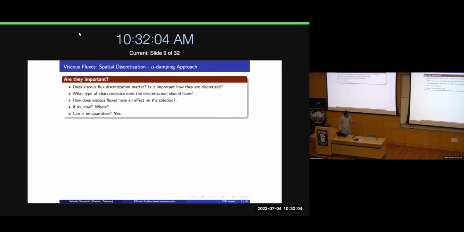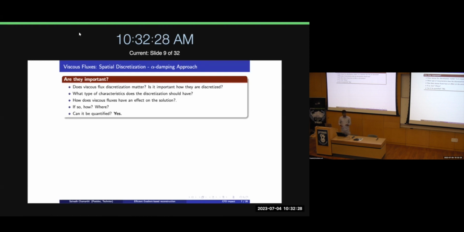So the viscous fluxes, are they important? Does viscous flux discretization matter? If you read any paper in computational fluid dynamics, they say, okay, I'm using a standard second order scheme or a generic sixth order scheme, but they don't usually explain how the scheme is discretized.